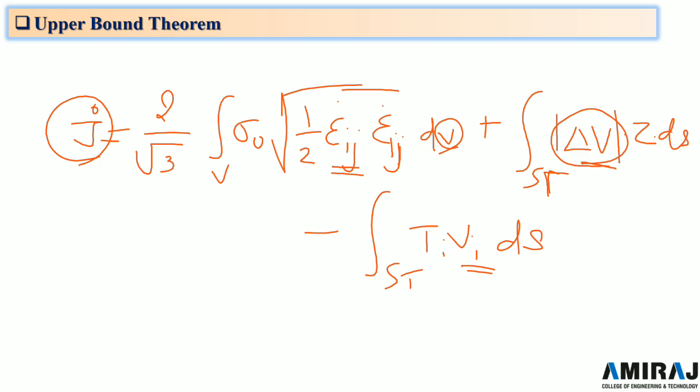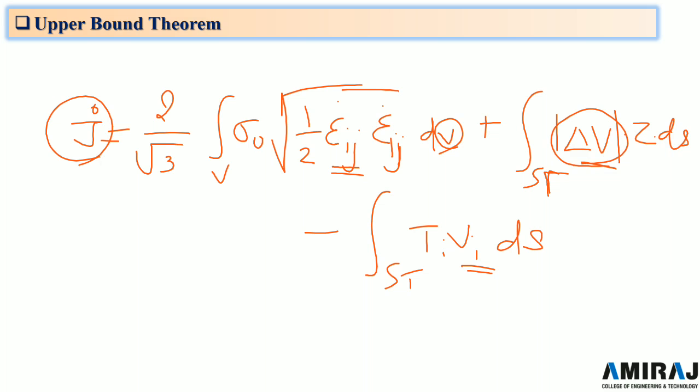The second term gives the rate of energy or power being consumed on the frictional surfaces, such as the interface with the tool, as well as on the surfaces of velocity discontinuity inside the body. The third term signifies the rate of work being done against the externally applied traction.